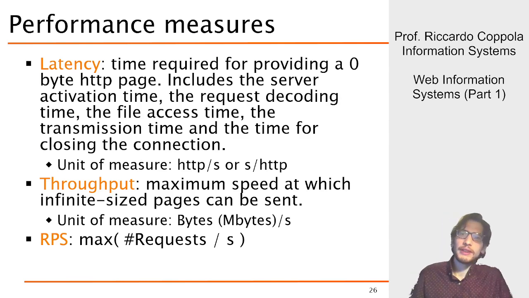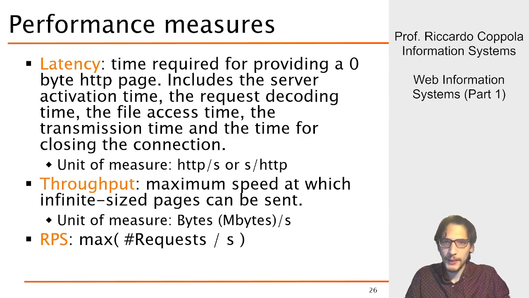To measure the quality of a web information system, and if you remember we talked some classes ago about non-functional requirements, there are many metrics that can be used to measure this exchange between client and server. One of the easiest is the latency.